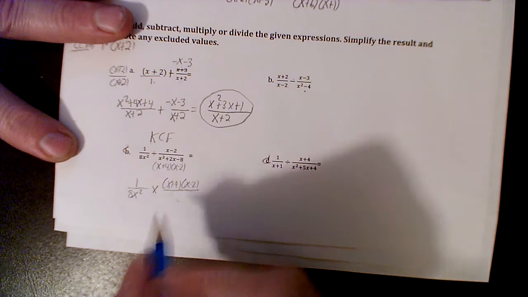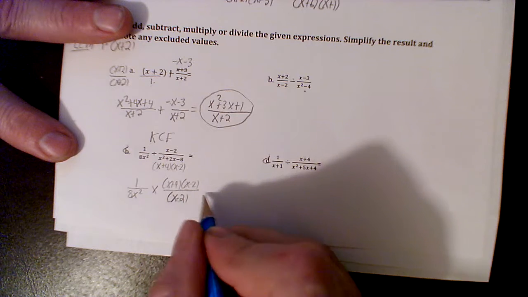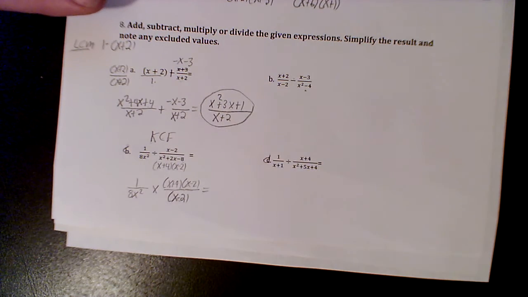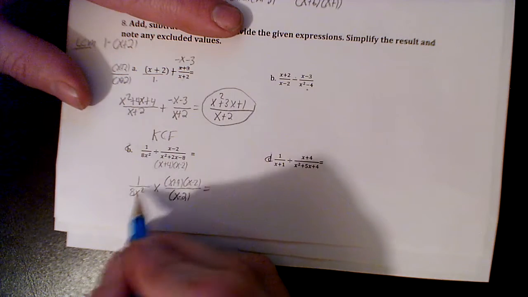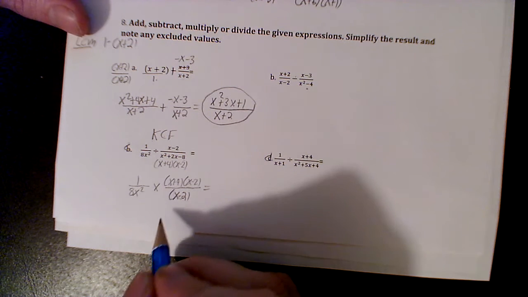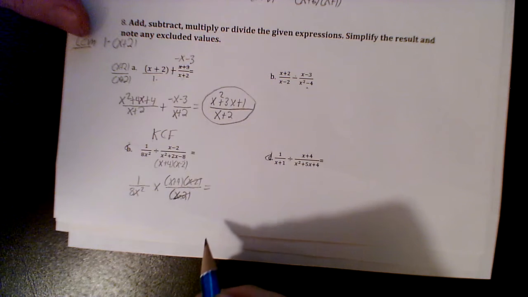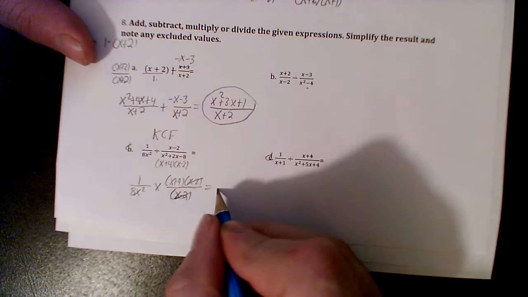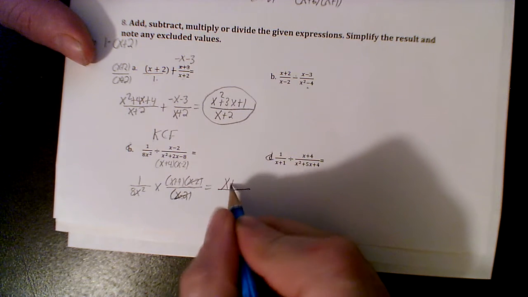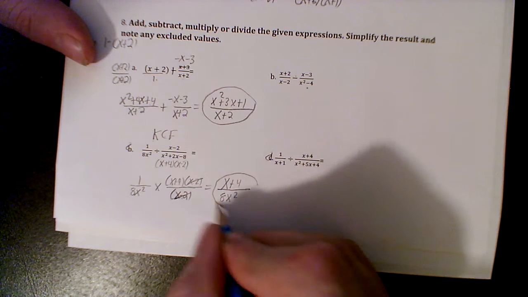I was moving this one to the bottom, so that is x minus 2. So remember, anything on top of either one can cancel out with anything on bottom. So looks like I have an x minus 2 on top and bottom, and I have no other common factors. So my answer is literally just going to be x plus 4 over 8x squared, and I'm going to circle that.